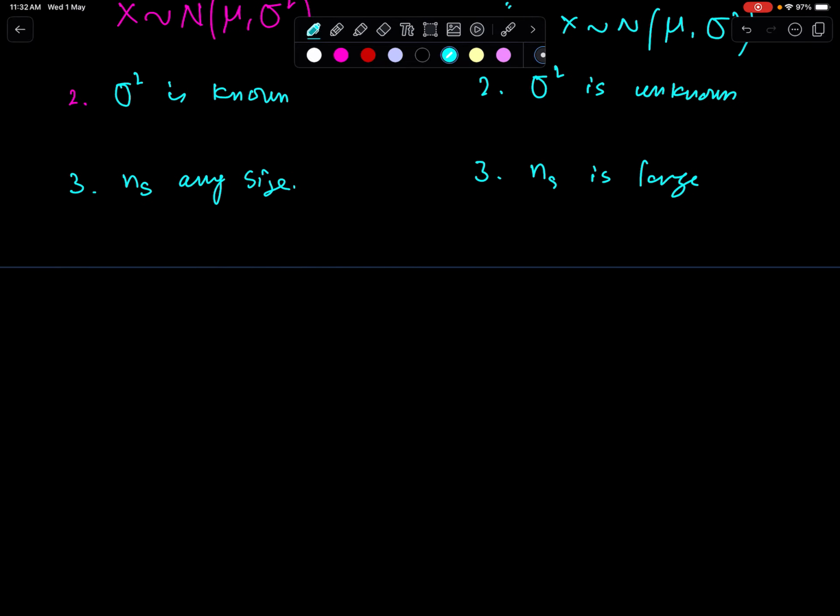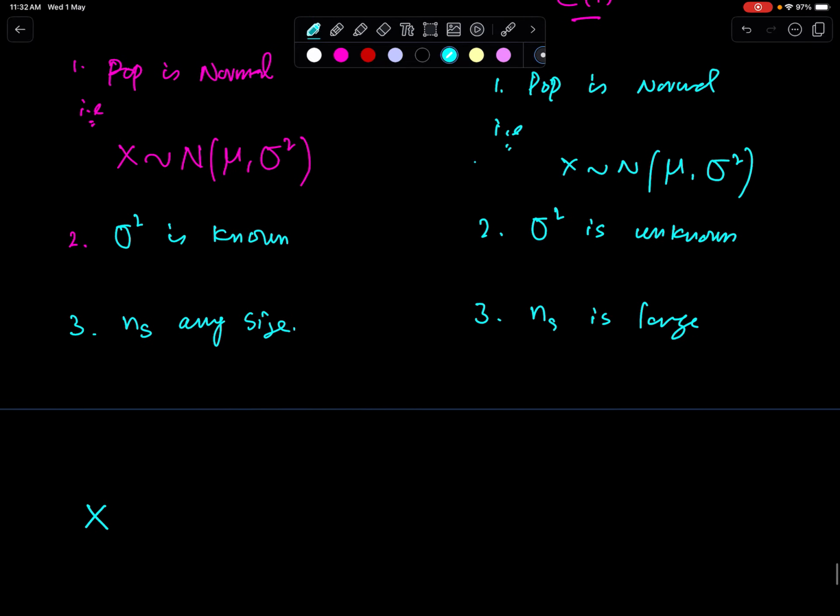Okay. So since population is normal and sigma square is known, with the help of these 2 conditions, we can say that the distribution of X bar is always normal with mean mu, variance sigma square upon n.